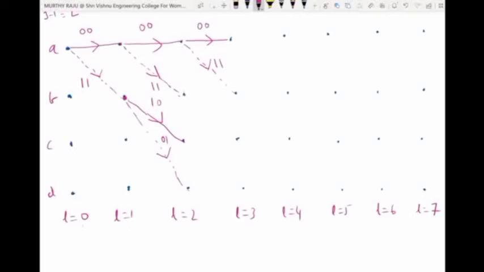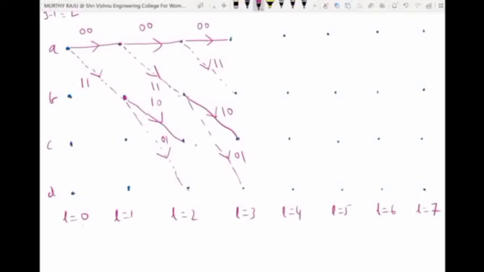Consider B state, as it occurred in the signal flow graph. B to C and B to D. B to C, solid line, with output 1 0, and B to D, the output is 0 1.